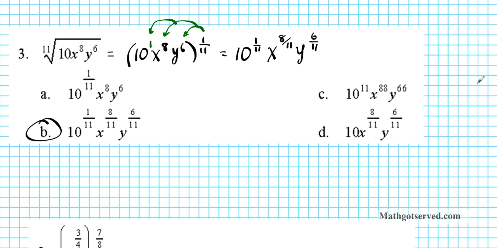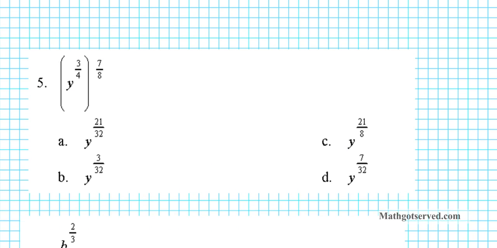All right, let's move on to the next problem, problem 5. Now this is a power of power situation again, but in this case we have fractional powers, okay? So if we apply the power of power property to this term right here, we just simply multiply the powers, okay?